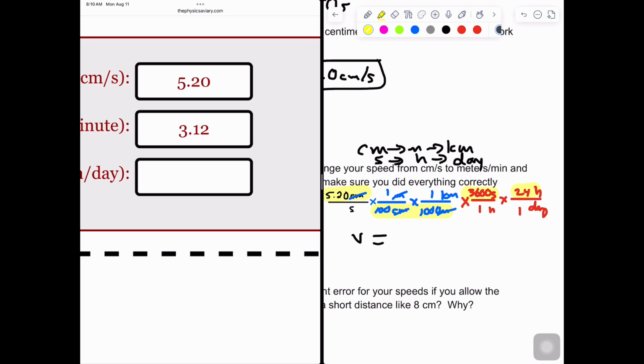So go ahead and take time to do your problem, and then we'll put our numbers into the program. Okay, I'm getting 4.49 kilometers per day.